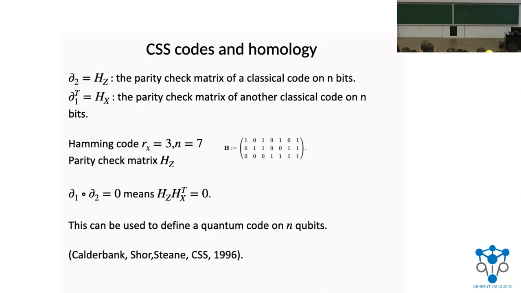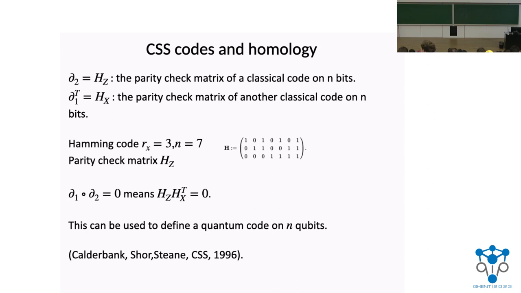So you look at the parity of the first bit, the third bit, the 5th bit, and the 7th bit, and that should be even. That's what the parity check says for the classical code. And that puts a condition on the code words that you apply it to.